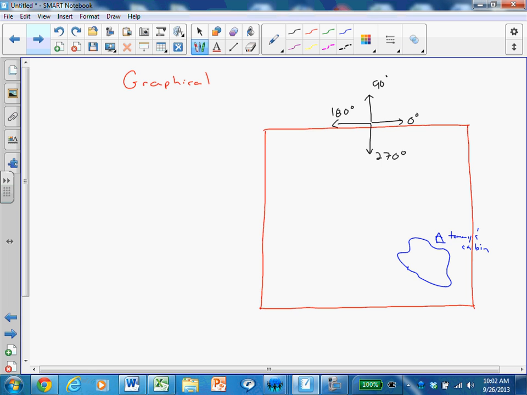And we'll do 1 centimeter equals 100 meters.